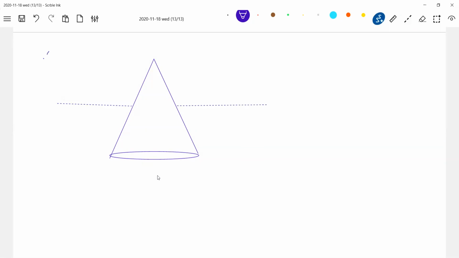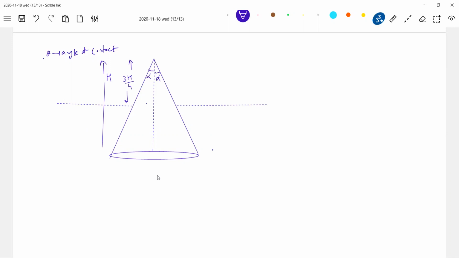And the angle of contact is theta. Half of the semi-vertex angle of the cone, let it be alpha. The height of the cone, let it be h. Nothing else, only this information is there. 3h by 4 is immersed.